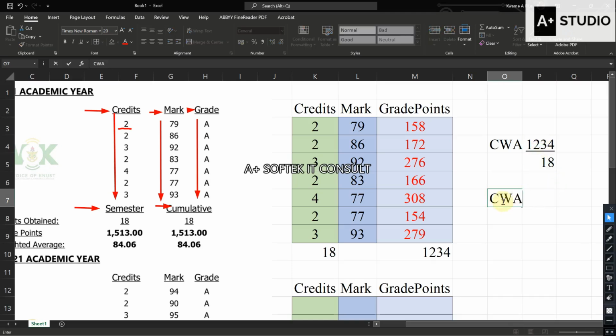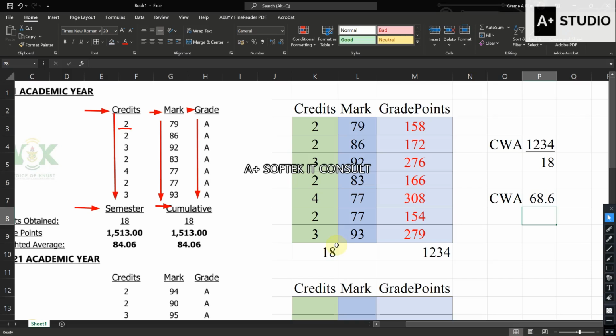So CWA is going to be this divided by 18, the same value as you are seeing here, 1 2 3 4 divided by that.